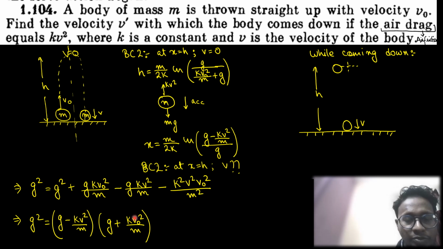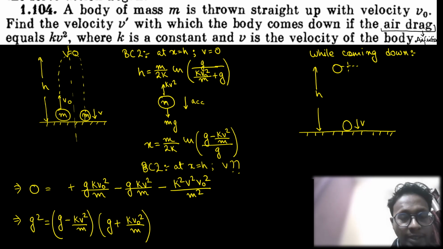I multiply these two to get k square v square v naught square by m square. Now I'm cancelling out g square and g square. So g square minus g square is equal to 0.